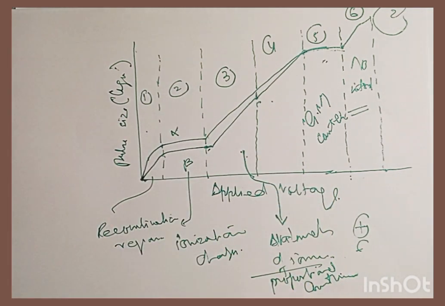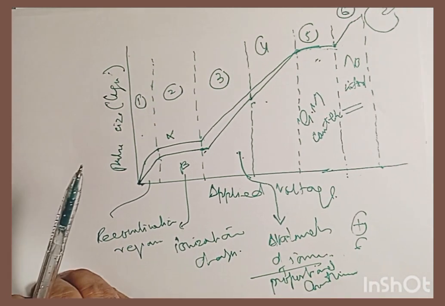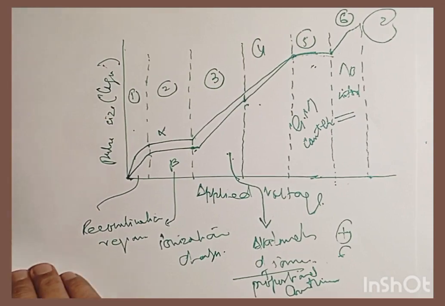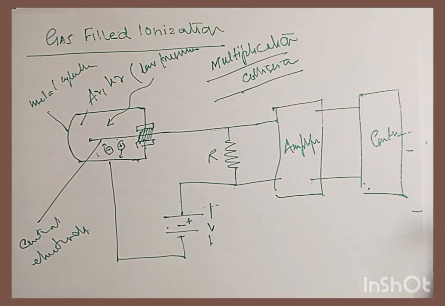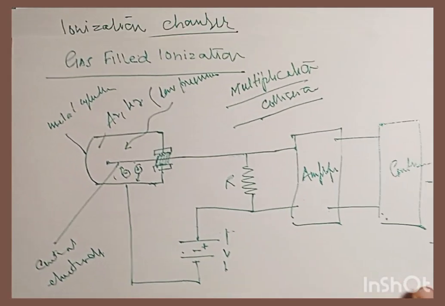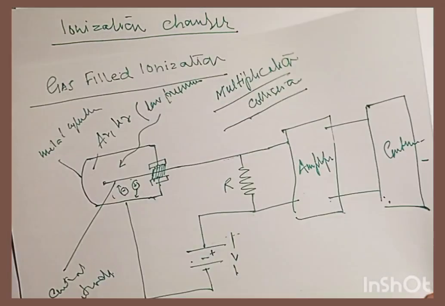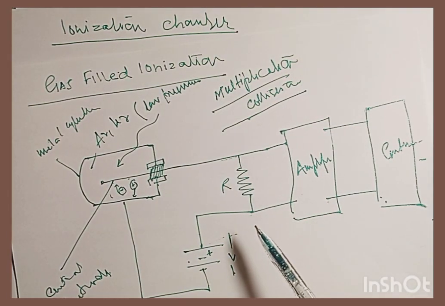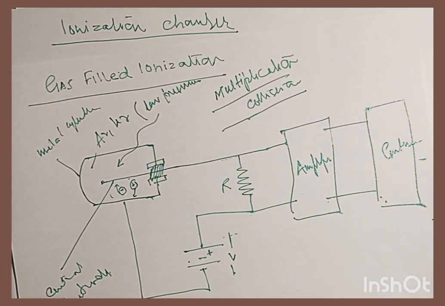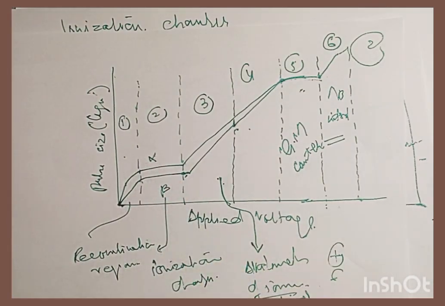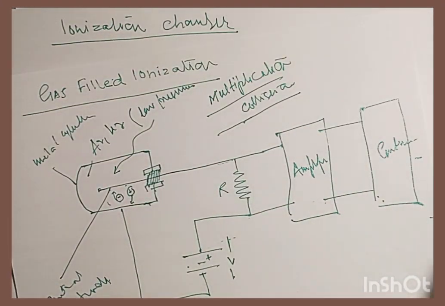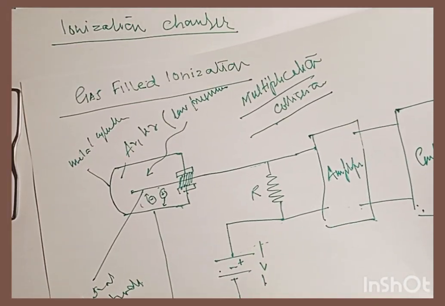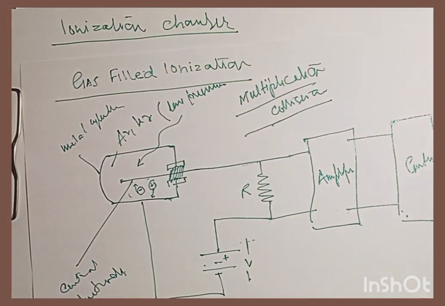So we have taken a crude diagram for gas-filled ionization. When this detector operates in region 2 of the graph that we have talked about, it collects the actual number of ions produced, because the recombination in this region is small.